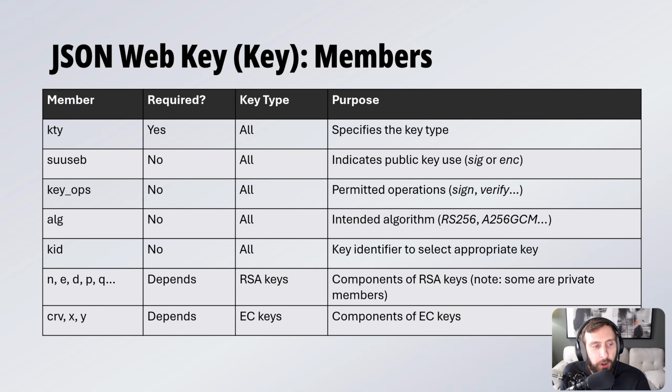So if you're looking at an RSA key, which we were above, we have N and E, for example, which are the public members. But you can also have private members that let you essentially fully recreate the capabilities as if you had that full private RSA key. So there's a distinction here between the public and private members that is important to consider.